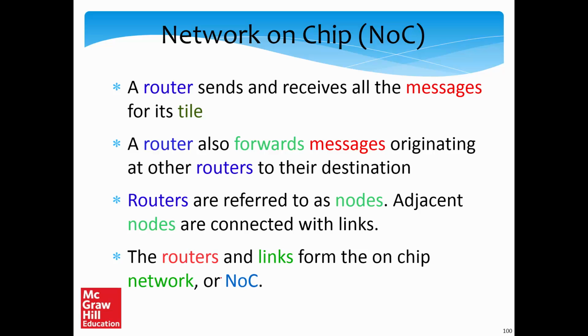The router is the core in an on-chip network, which is also called a network on chip. Network on chip is a common term for an on-chip network, and what's even more common is the abbreviation NOC: small o, capital N, capital C. So a router sends and receives all the messages for its tile.